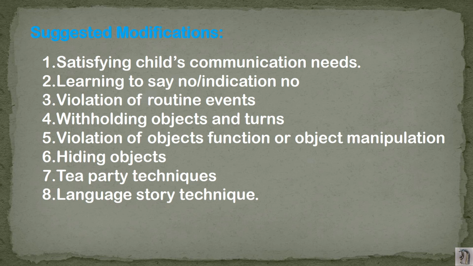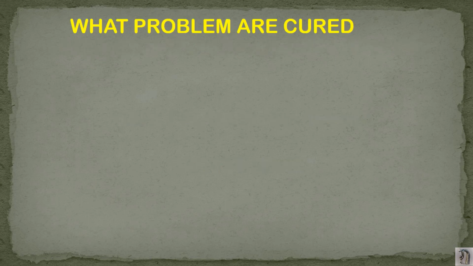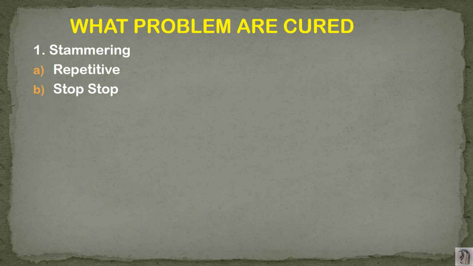And then let us look at language and communication disorders. Here we are going to understand two aspects: what problems are cured, and how to cure them. So what problems will the child have? Stammering. In stammering, the child will have repetitions and stops, that means the child will stop and then start.